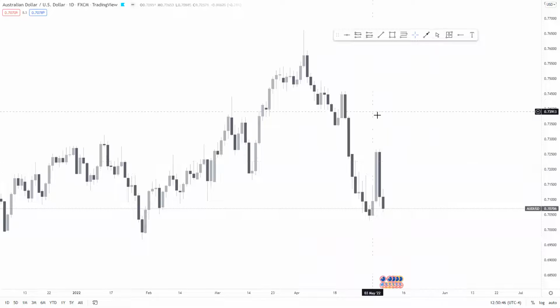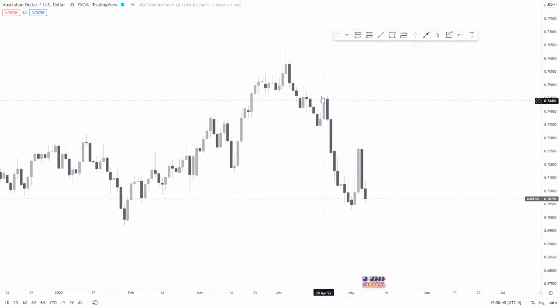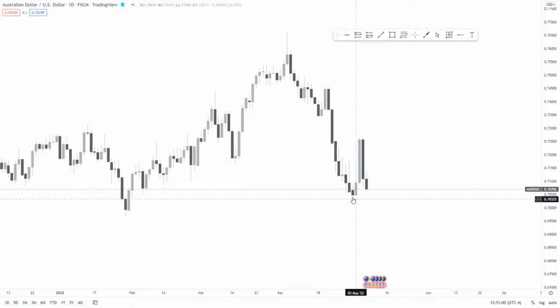If we count this leg as the breaking structural leg, this correction can be counted as the lower high compared to this one. Now we want to see this low broken and test this low or break below this one.